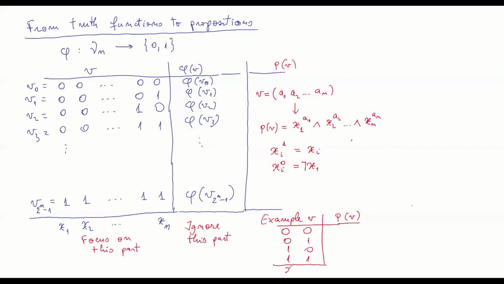This corresponds to variable x1, and this corresponds to x2. So what I'm writing in here is I want to describe in the form of a proposition that both of these components are equal to 0.